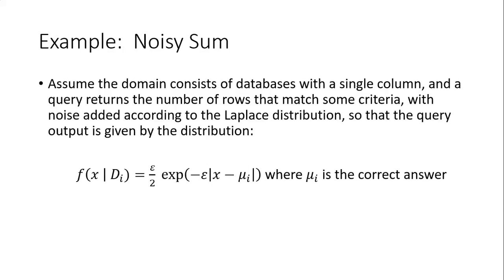So there's a law of composition for these differentially private mechanisms that says that if you do many mechanisms in a row, the total privacy loss, which is what they call epsilon, is the sum of them all.